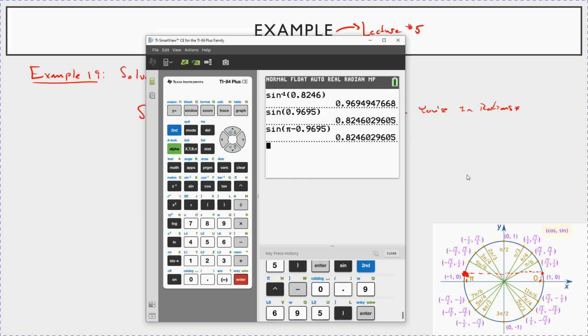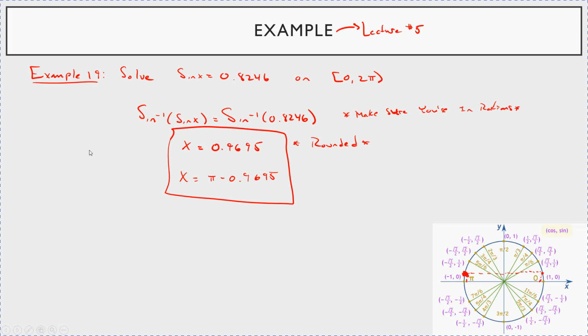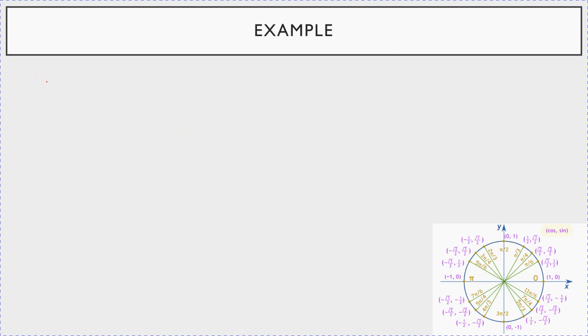All right, let's do another one, because I know this can be rather confusing. I'll do one with cosine, and this is example 20.